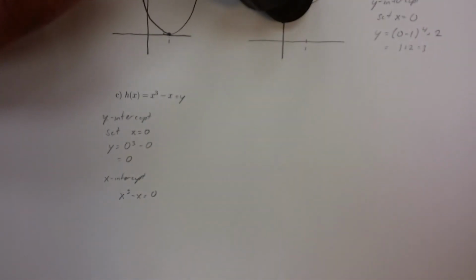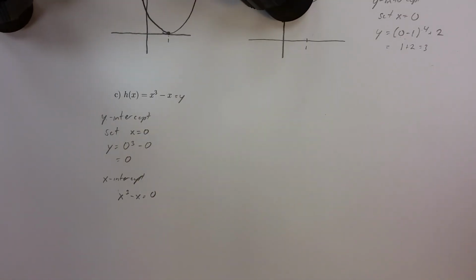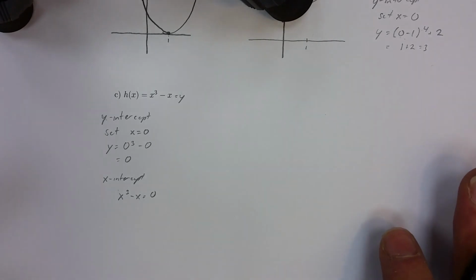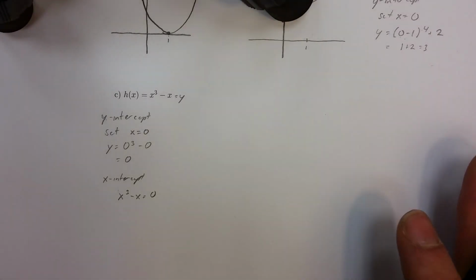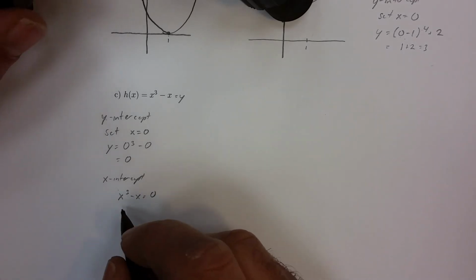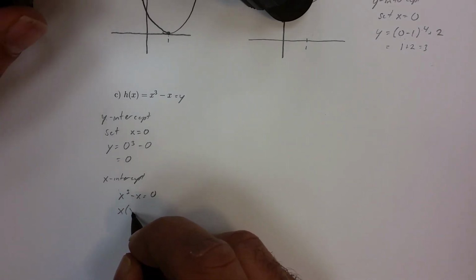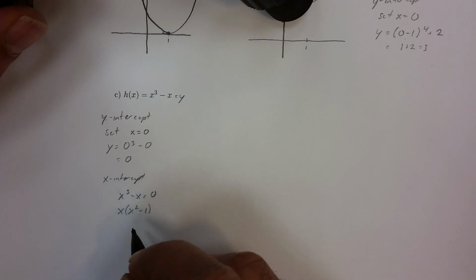Now we have some factoring to do. So we can factor out an x, that leaves us with an x squared minus 1.